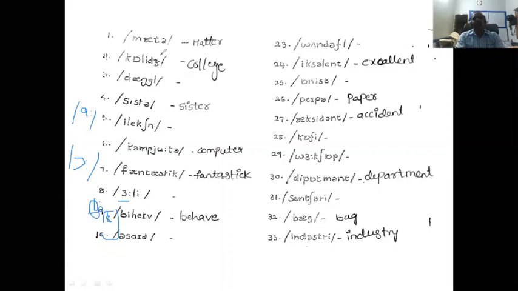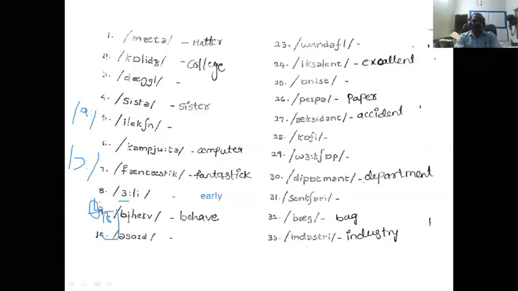Generally, in our area, we pronounce it differently, but it is not that. What's the spelling for it? Early.